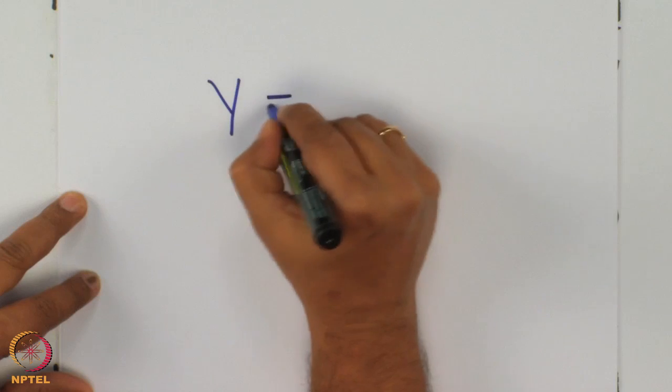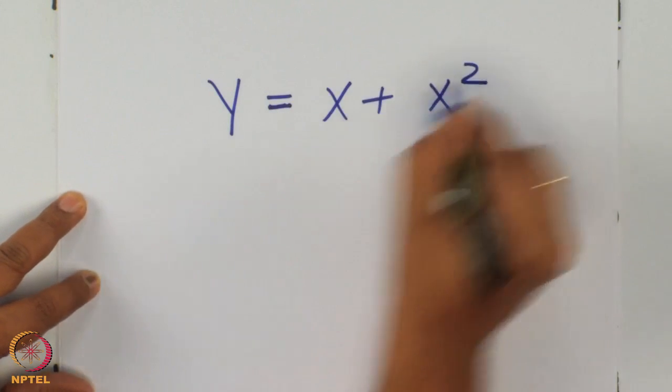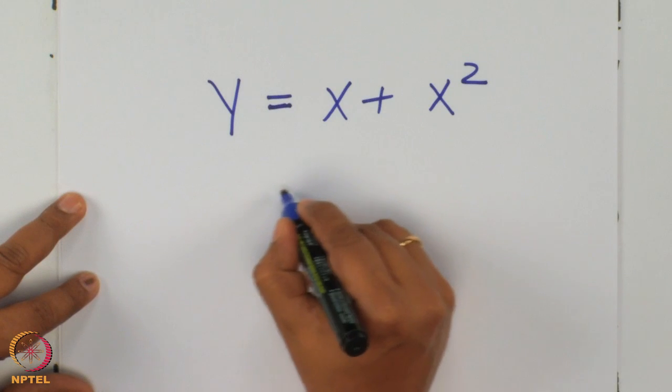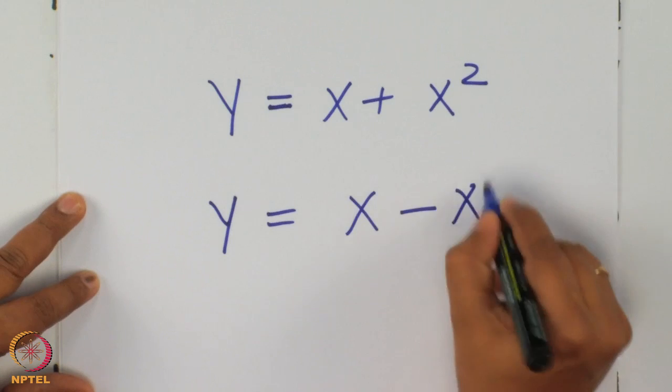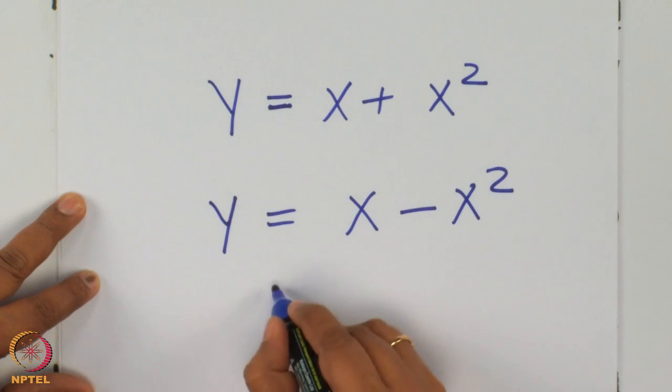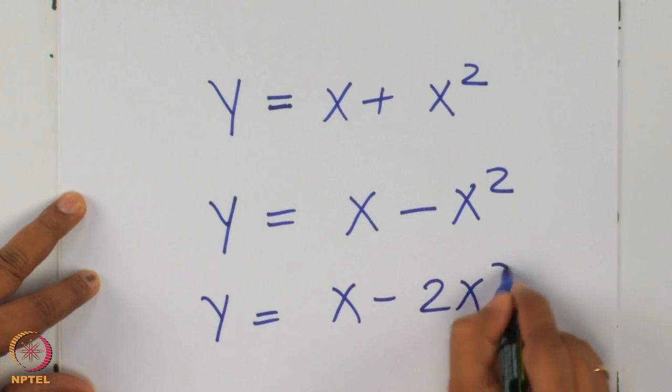Now what happens if you sum one or two such functions? For example, instead of just taking x or x squared, you can think of y is equal to x plus x squared, or y is equal to x minus x squared, or y is equal to x minus 2x squared.